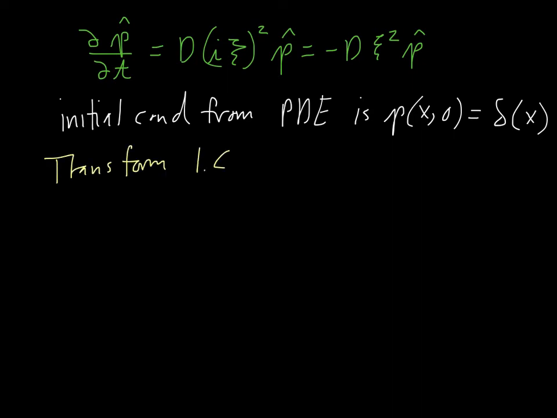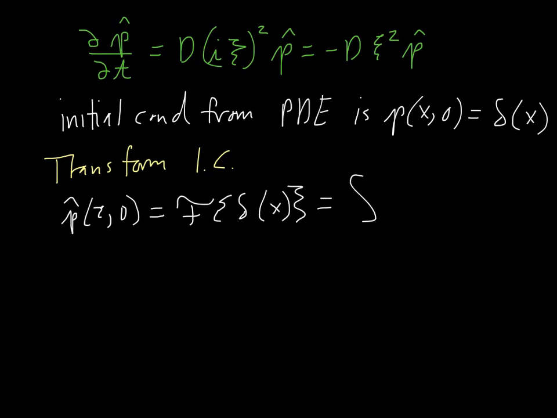We'll have p hat at c comma 0 equal to the Fourier transform of the Dirac delta function with respect to x, which is the integral from negative infinity to infinity of e to the icx times the delta function with respect to x. The properties of the delta function are simple.